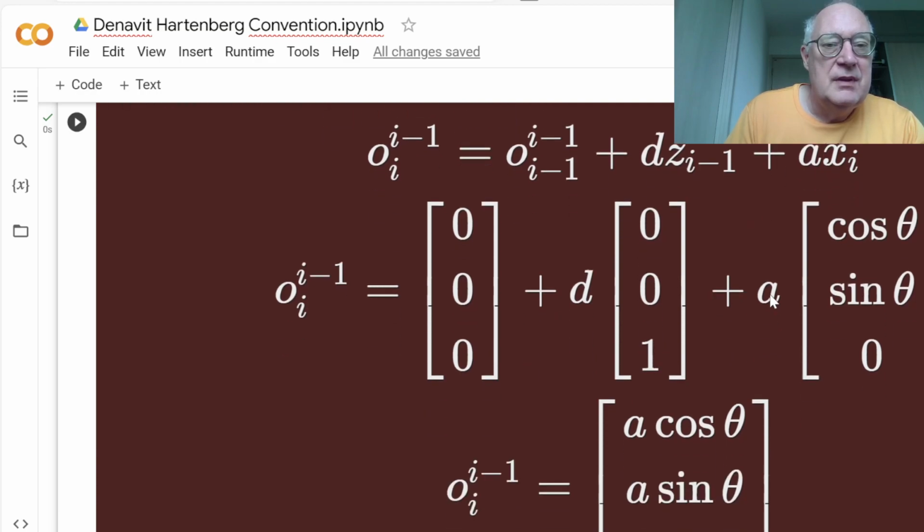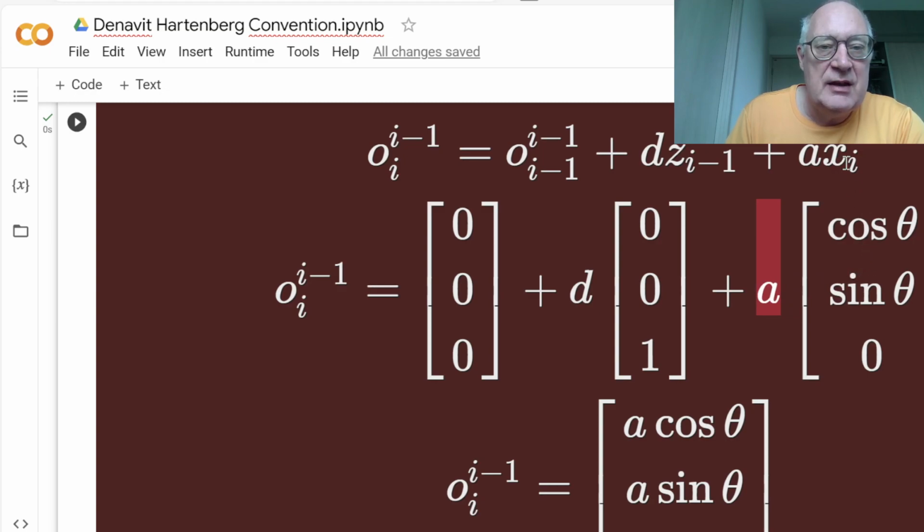So the expansion then is that from i-1 to i-1 there's no displacement here. So that's 0. Then we get d multiplied by the z-axis, so 0, 0, 1, plus a.